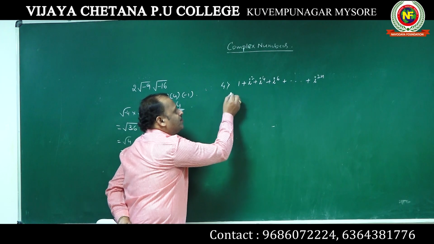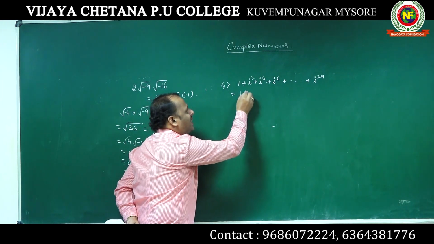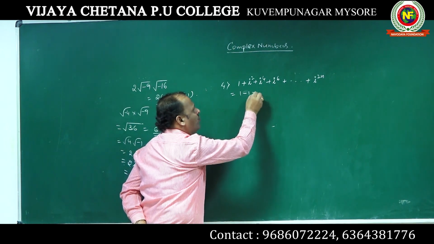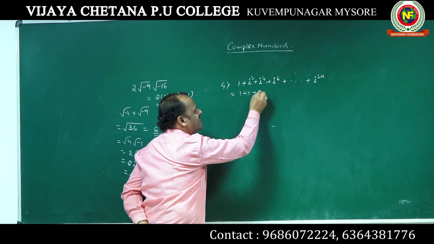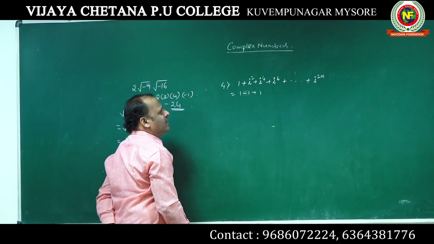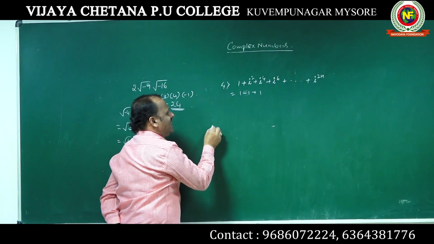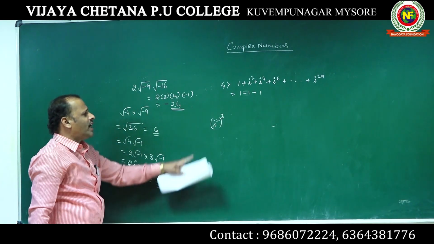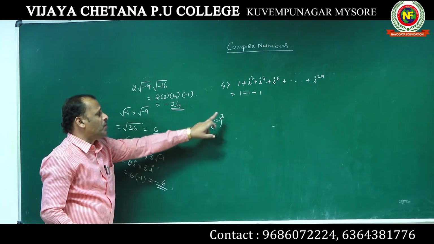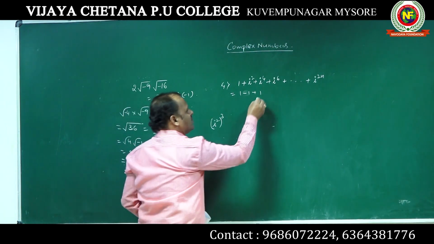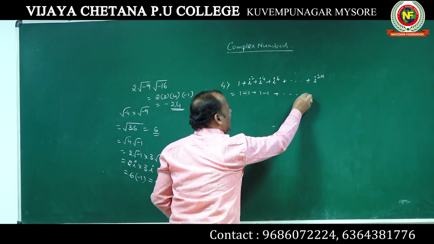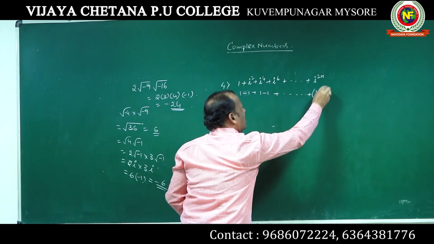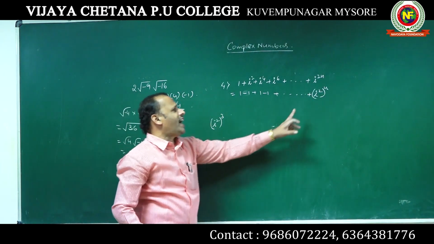Listen to me. Here 1 plus I square, this is -1, I to the power 4 plus 1 plus 1, then I to the power 6, here I to the power 6, I square to the power 3, I square means -1, -1 to the power odd number, that is -1, plus etc. plus I square to the power n.